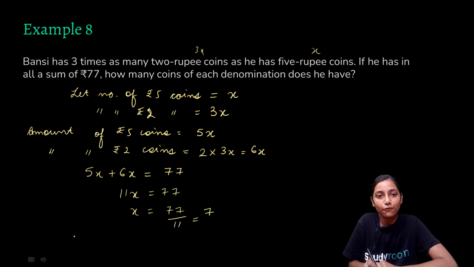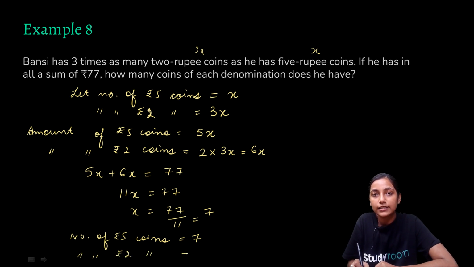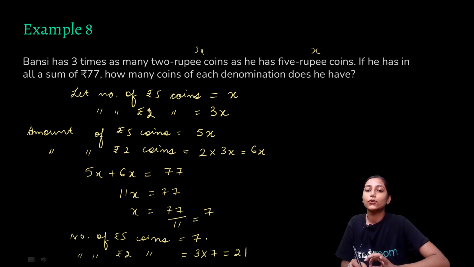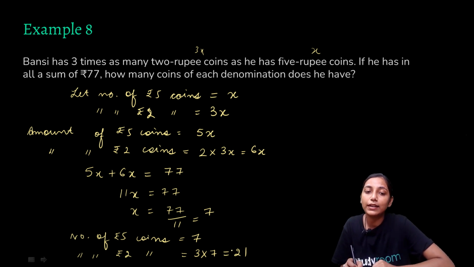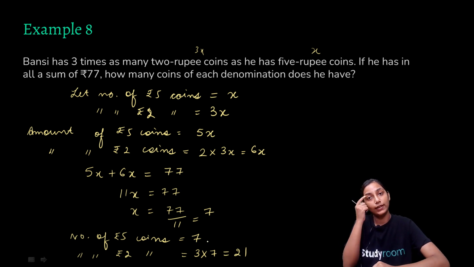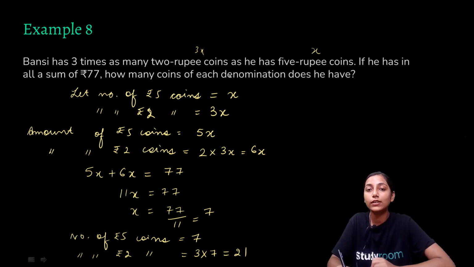So the number of 5 rupee coins is x, that is 7, and the number of 2 rupee coins that he has is 3x, that is 3 into 7, that is 21. So he has a total of 7 coins of 5 rupees and a total of 21 coins of 2 rupees. This is what we had to find: how many coins of each denomination does he have?